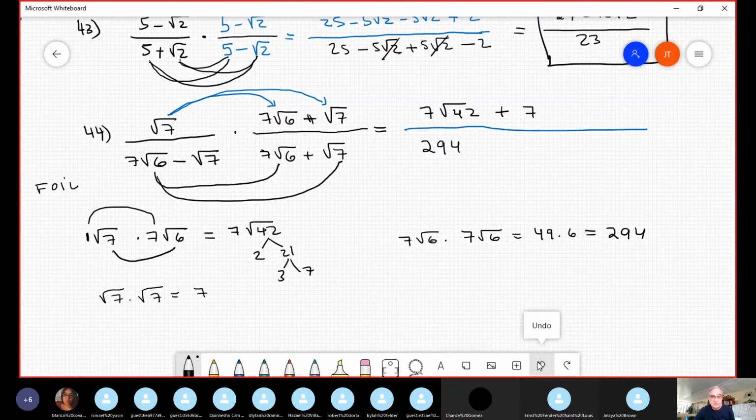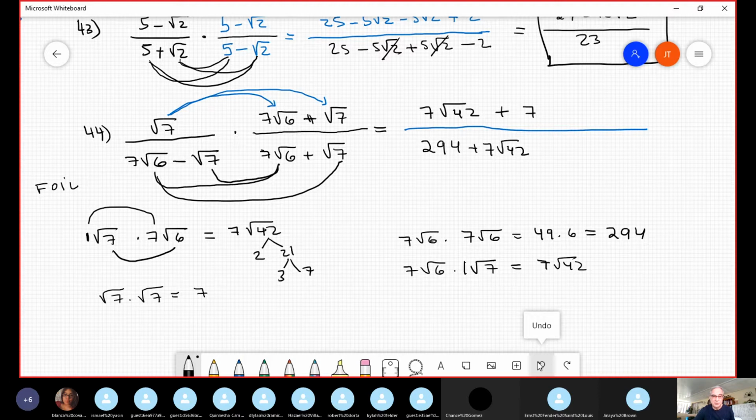Outer is 7 radical 6 times radical 7. Remember, this number is 1. 7 times 1 is 7. Radical 42. Plus 7 radical 42. Okay, the second is similar.